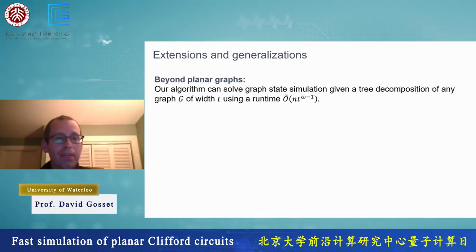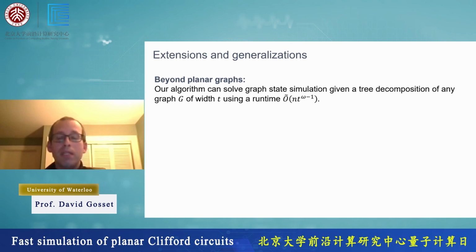And in our paper, we give a few extensions and generalizations. Firstly, what is the property of planar graphs that our algorithm exploits? Well, the property is that, for such graphs, you can get a low treewidth tree decomposition in linear time.